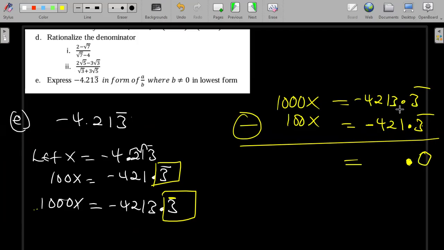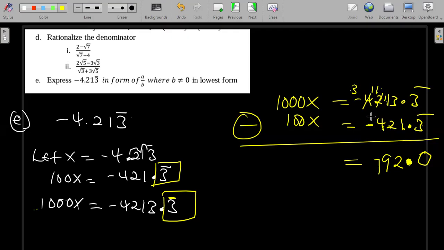Then it will be 3 minus 1 to be 2. Here it will be 1 minus 2, it can't, so you borrow 1 from here, grade 7 mathematics. So you say 11 minus 2 to be 9. 1 minus 4, it can't, so we borrow 1 from here. So it will be 3, then 11 there, and 11 minus 4 gives 7.